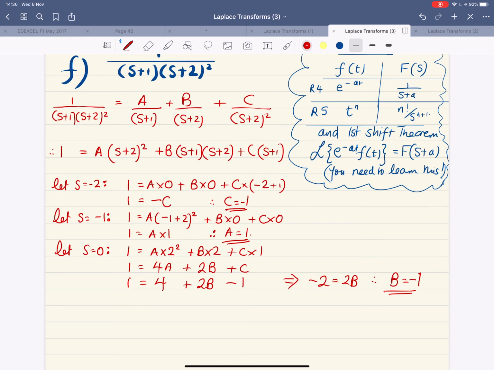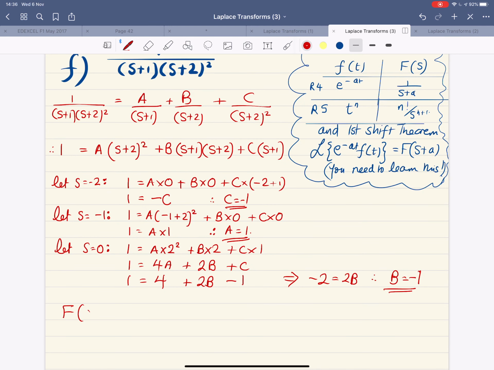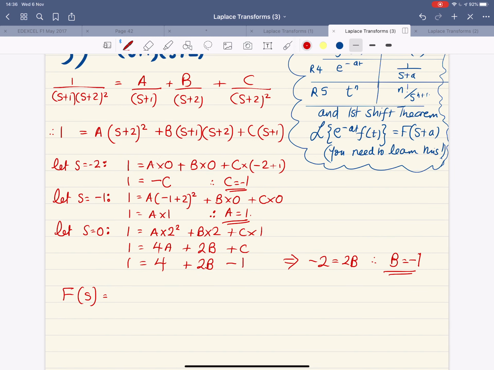Okay, so now we've got f of s. We can write it as 1 over s plus 1, which is A over s plus 1. And then B, which is minus 1 over s plus 2. And then C, which is minus 1 over s plus 2 squared.